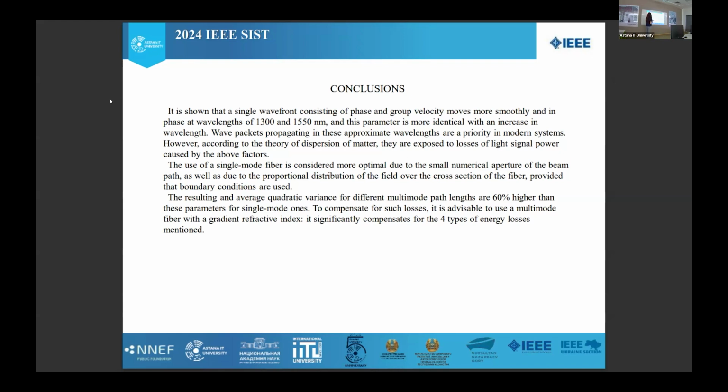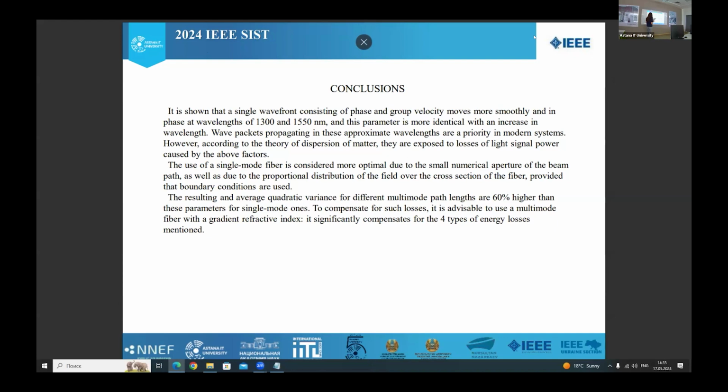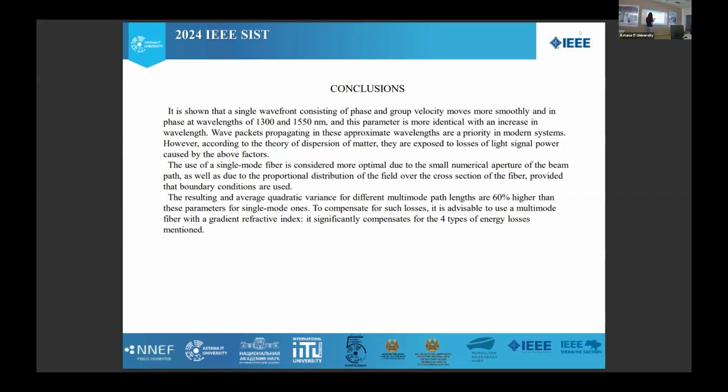Wave packets at variables in these approximating wavelengths are fluid in modern systems. One of these factors is scattering of radiation in the information transmission path, calculation of the relative and absolute values of which are given in this publication.